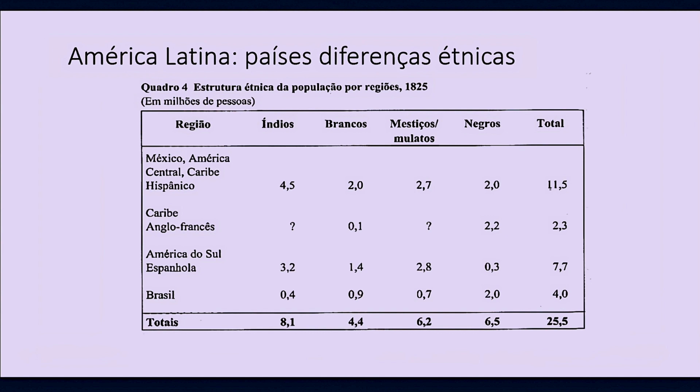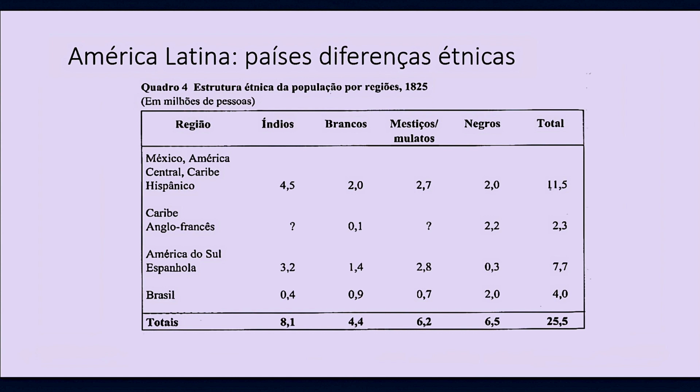Here we can see, in the region of Mexico, in 1825, around 4.5 million indigenous people. In the Caribbean there is no such information, in Spanish South America 3.2 million. When we go to Brazil, look how it decreases: 0.4, very little. This is the result of the analysis we just did.